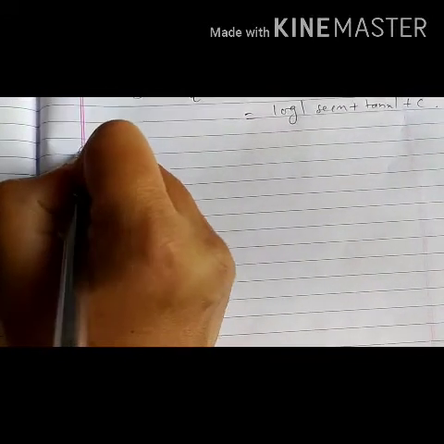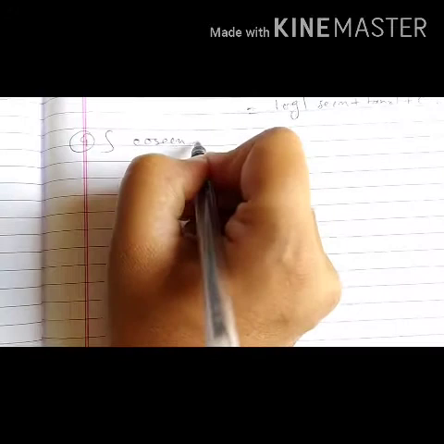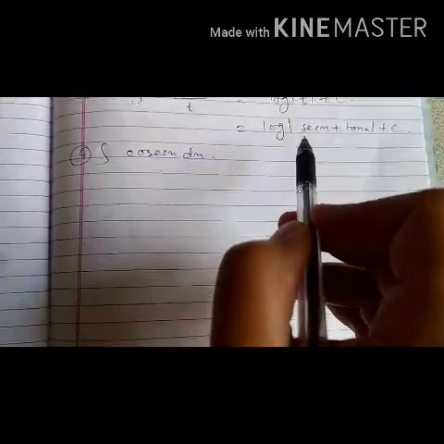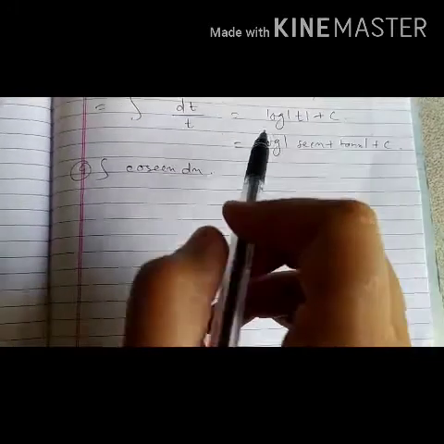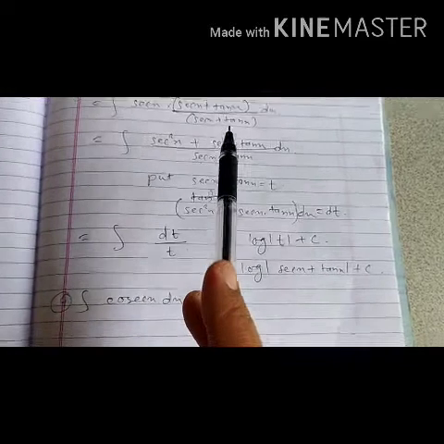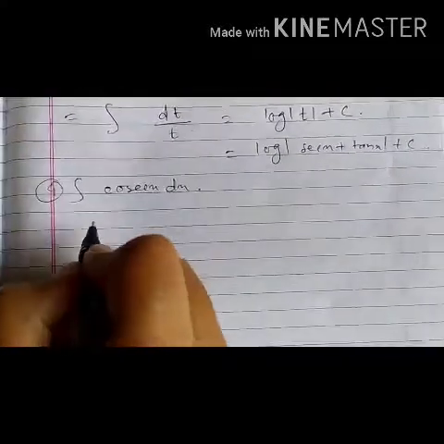Now the fourth one, integration of cosec x dx. Now here in the previous example we substituted sec x plus tan x equals to t, and we multiplied by sec x plus tan x and divided by the same term. Now here we'll multiply and divide by cosec x minus cot x.